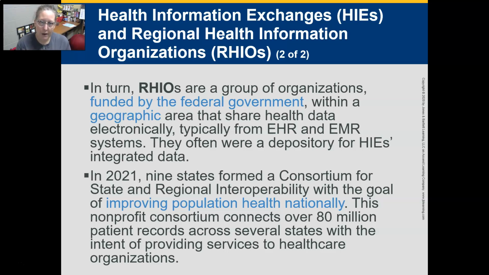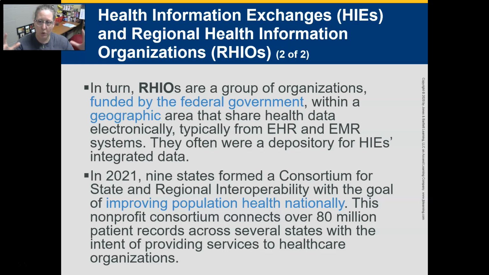So then we have regional health information organizations. These are a group of organizations that are funded by the federal government, that are within a certain geographic area, and they share health data electronically, typically from EHRs and EMR systems, and are often a depository for these health information exchanges' integrated data.